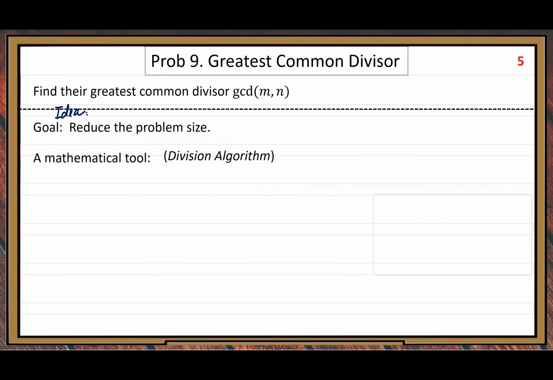Division algorithm. How to do integer division? Everyone knows how to do integer division. And we use that integer division here, and we give it a fancy name called the division algorithm. The integer division is so simple, but people still give it a formal name, division algorithm.